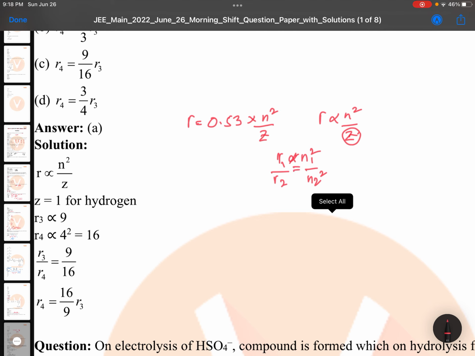You can say this is directly equal. In place of R1 you take R3, this is 3 square, 9, this is 16. So R4 is equal to 16 R3 by 9.